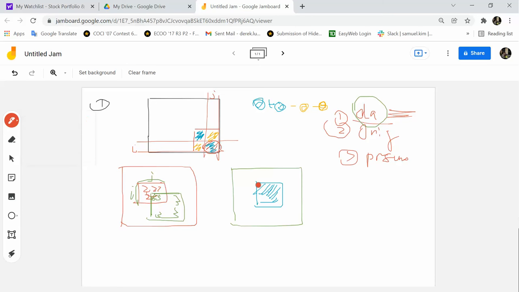Only do 4 cells. So the first cell is a corner, this one, the corner cell, right? The second ones are outside that range. So this is outside that range, this one, and this one, and this one.